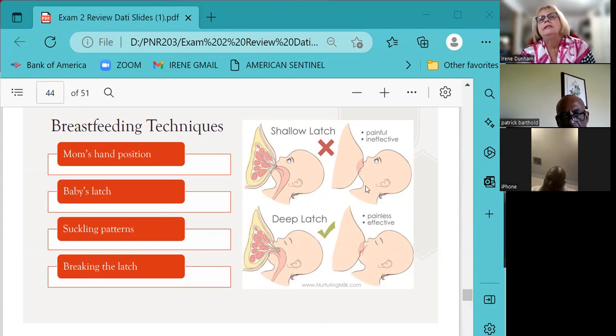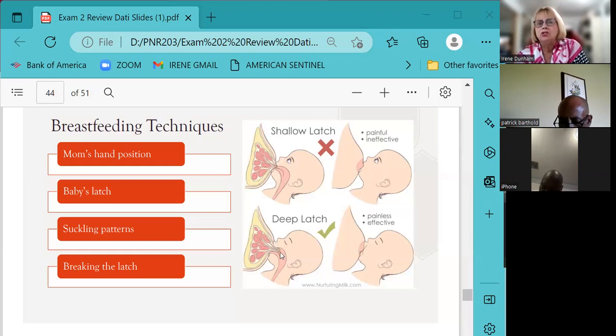Because if he doesn't, and he does this, then he's going to make mom's nipples very sore and cracked. Now, when you get sore, cracked nipples, mom can get a condition called mastitis. And that's an infection of the breast. And it is painful.